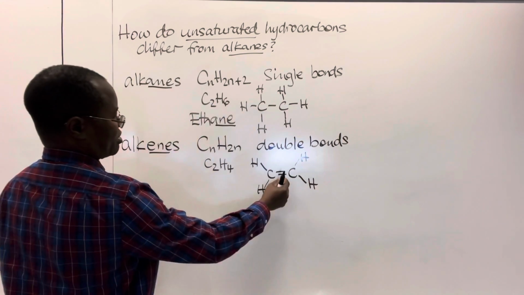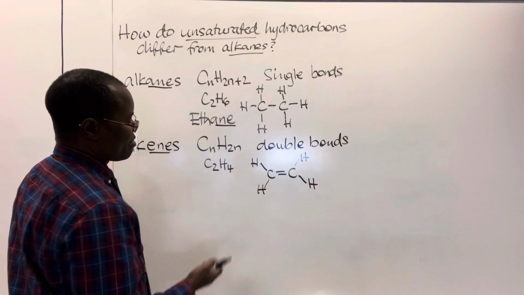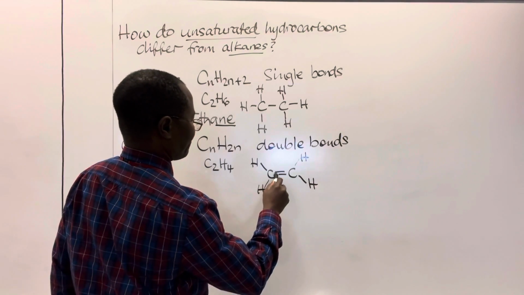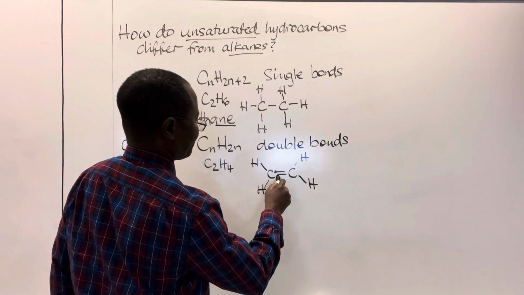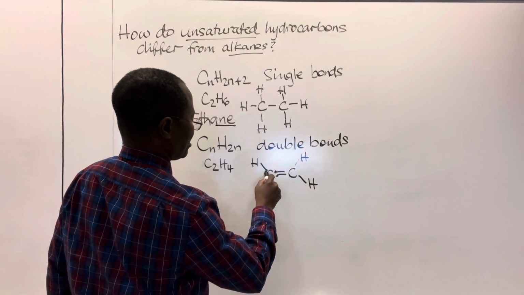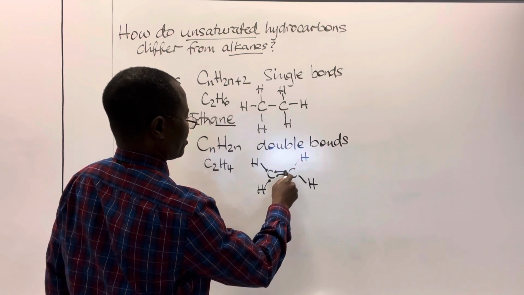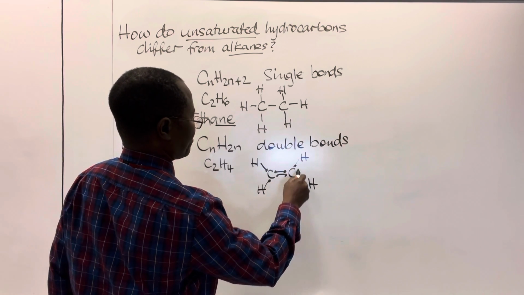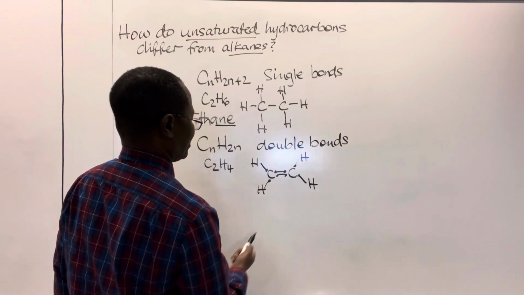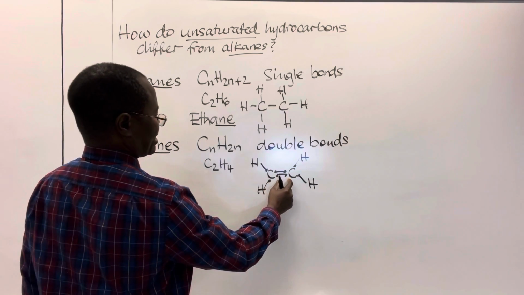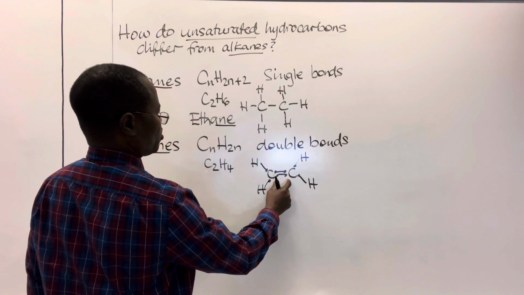Carbon has 4 valence electrons, and it needs to share 4 more electrons to form an octet. So there is a double bond between these 2 carbons.